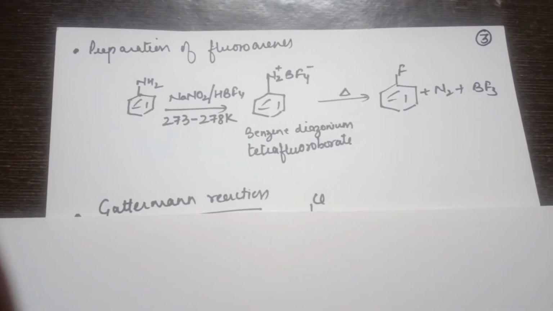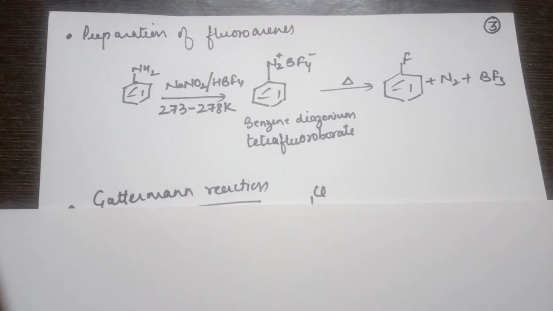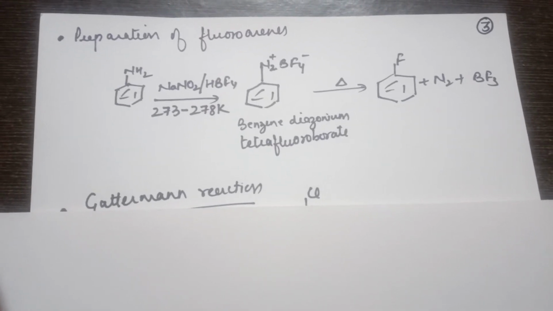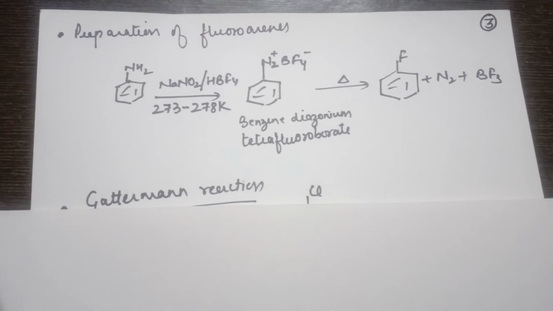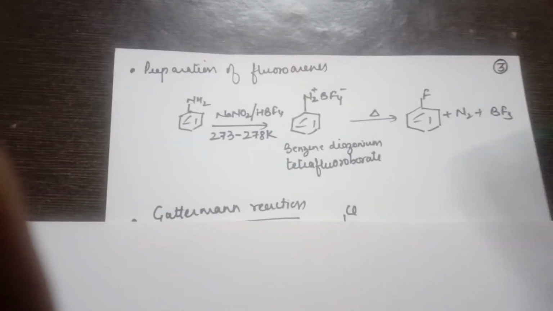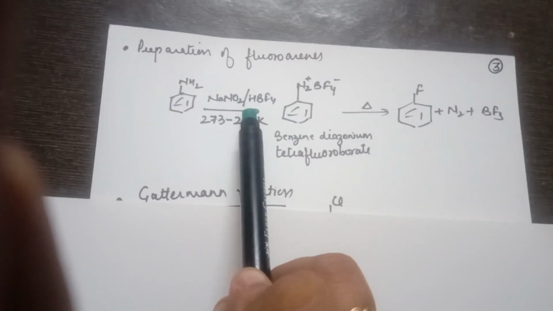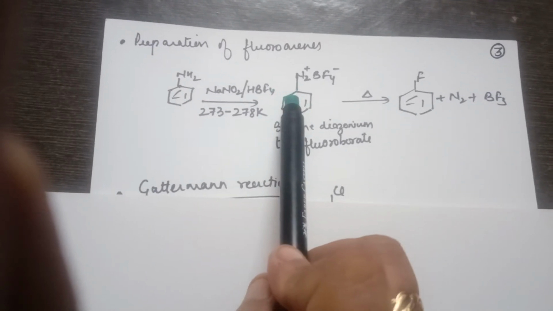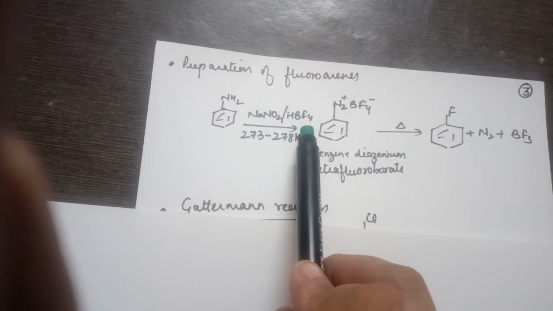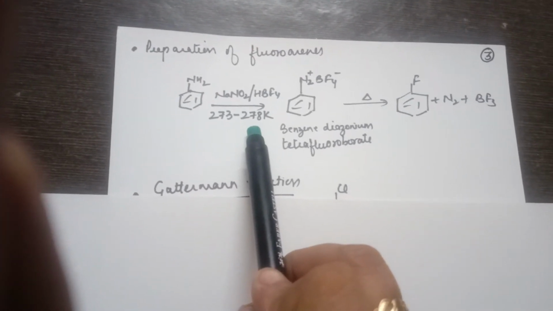Now for preparing fluorobenzene, you need not prepare BDC, benzene diazonium chloride. In this reaction you need benzene diazonium tetrafluoroborate. Very easy method to prepare. If you react aniline with sodium nitrite, with a small change, instead of taking HCl, you have taken fluoroboric acid, HBF4, and the temperature is the same, 273 to 278.